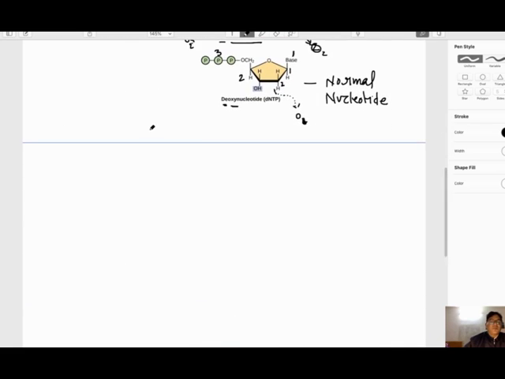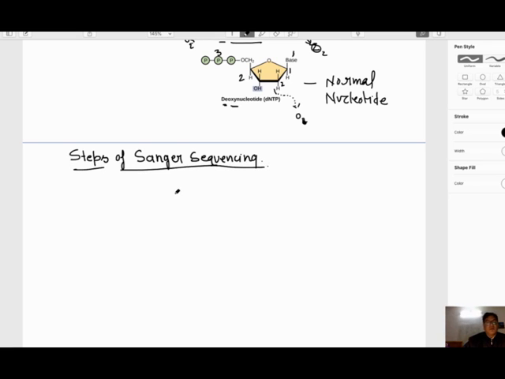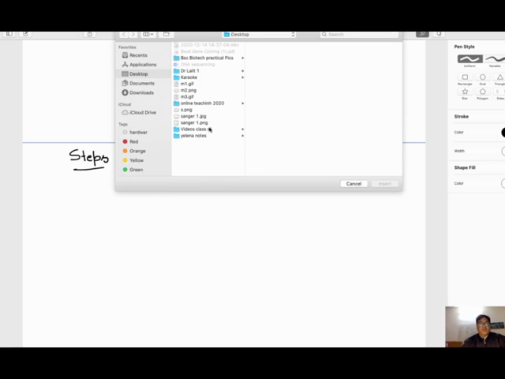Let us see the steps. How can we organize this Sanger method? Steps of Sanger sequencing. Now, we have to see the steps of Sanger sequencing. All right. So let me insert one more diagram here.